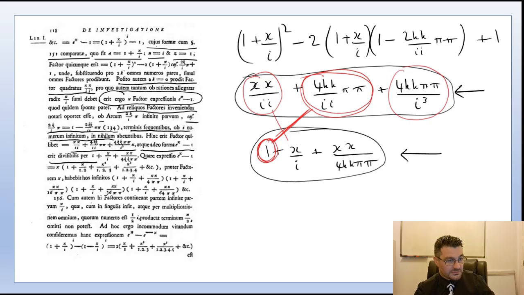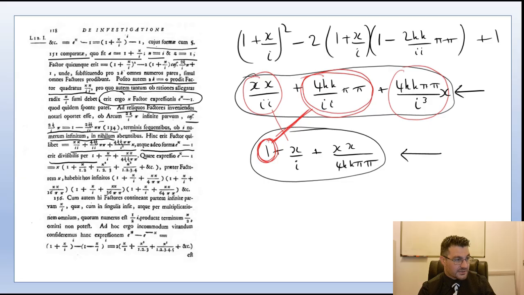Where did the x go? I've missed out an x somewhere, haven't I? Oh, right, yeah. There it is. Missed off the x there.